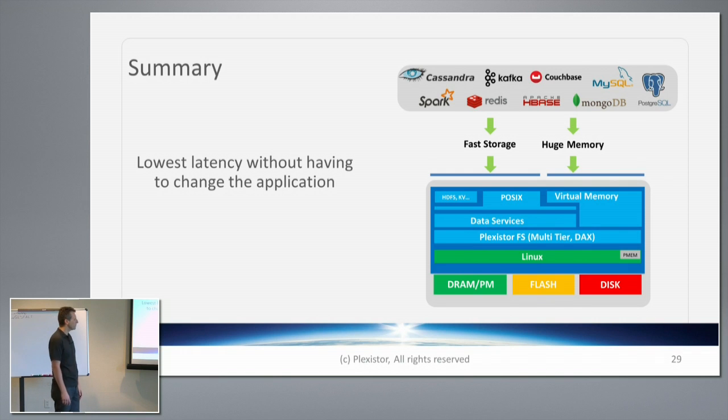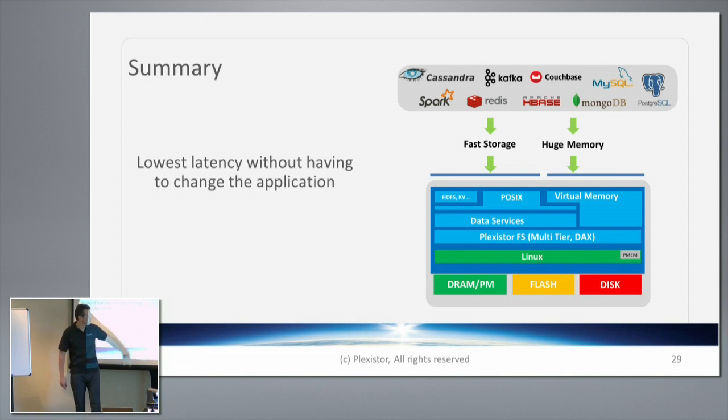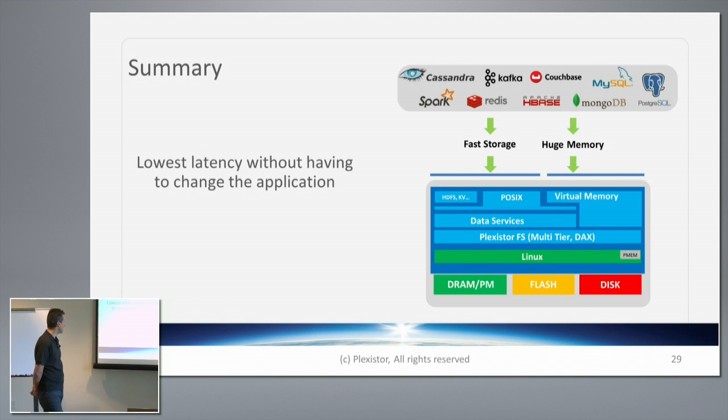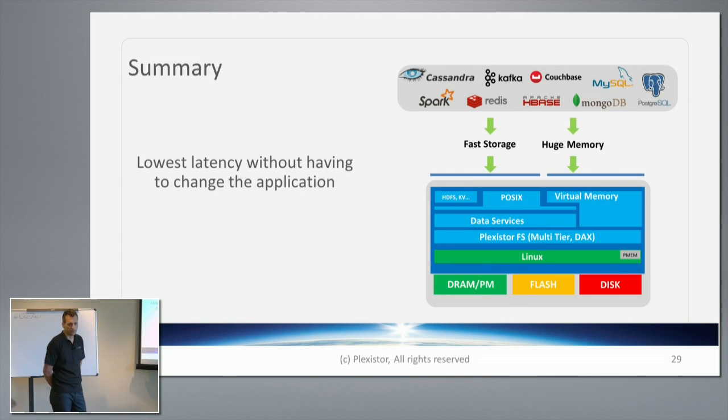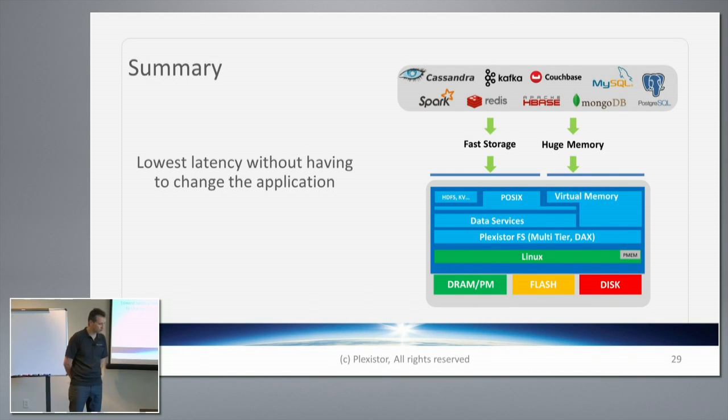We're going to do everything behind the scenes, behind the local file system API, a trivial API, to make sure that they can use multiple tiers, they can have all the features, and they can have the latency goals that they want without having to change the application itself. So basically reinventing the entire software infrastructure, but maintaining the application as is.